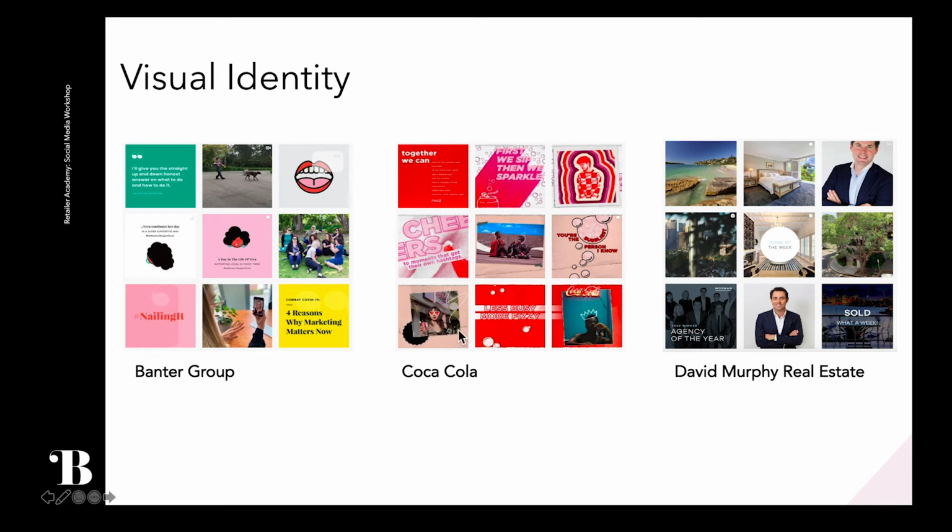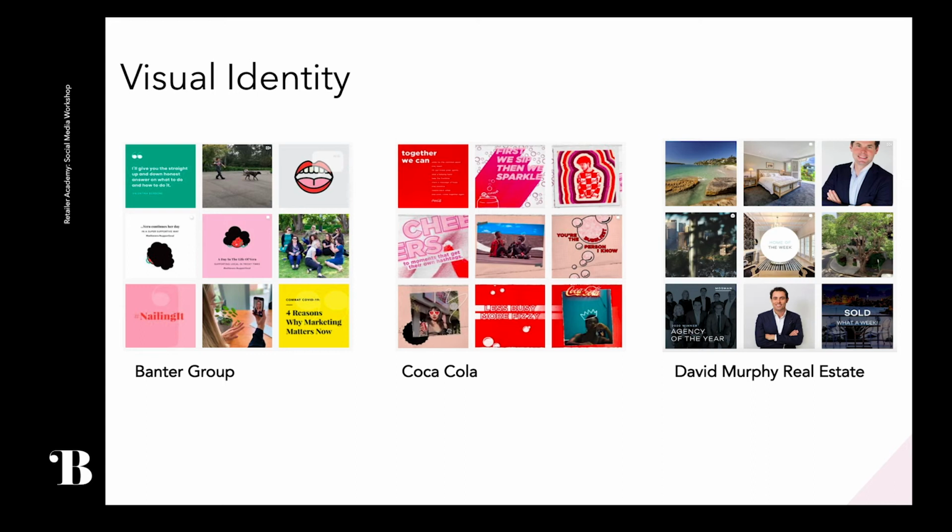Now, in the middle, you can see there's Coca-Cola. Again, very styled. It's all about having a visual identity that people can recognize. We would hope that in social and in your own marketing, that at any time someone sees a picture, they would be able to recognize whether or not this is from you versus your competitor. On the right-hand side here, it's a real estate agent. Again, consistency. Adding filters that create consistency can really help.